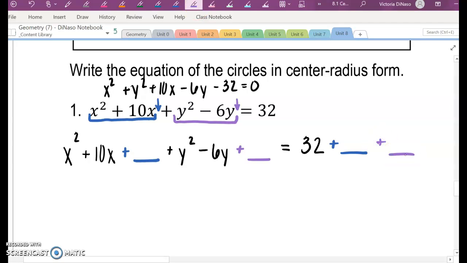So all we've done right now is rewrite the problem and insert two blanks on the left and two on the right. From there, you're going to complete the square.